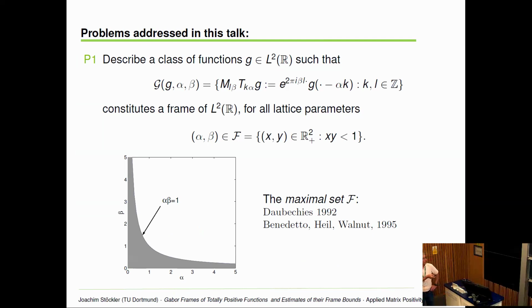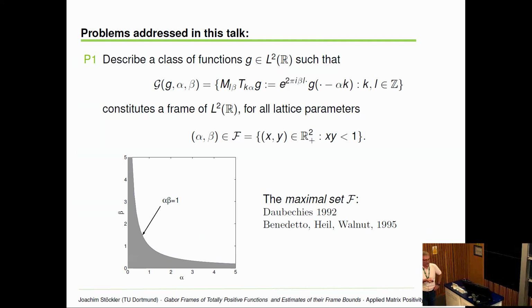We've seen this critical set of lattice parameters alpha beta, which satisfy alpha beta less than 1 or equal to 1, which are drawn here.